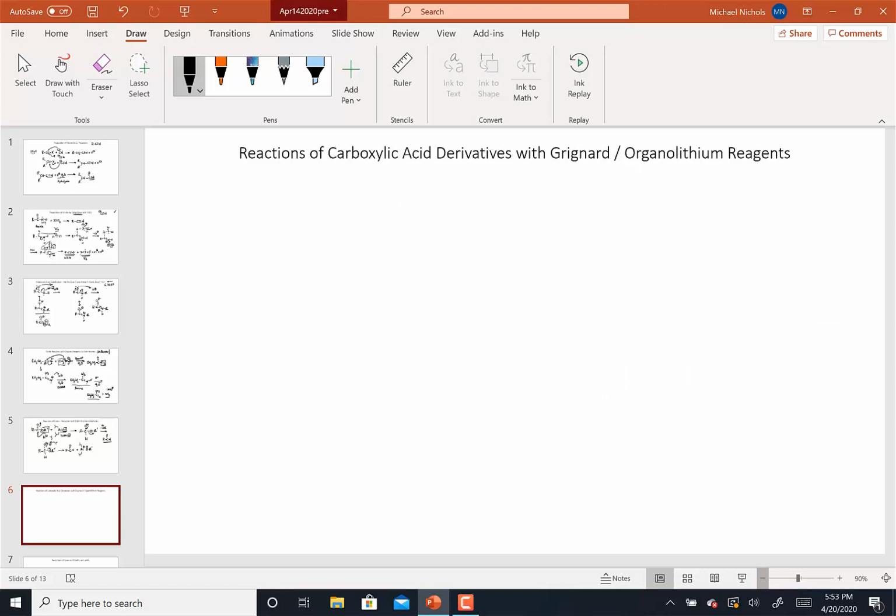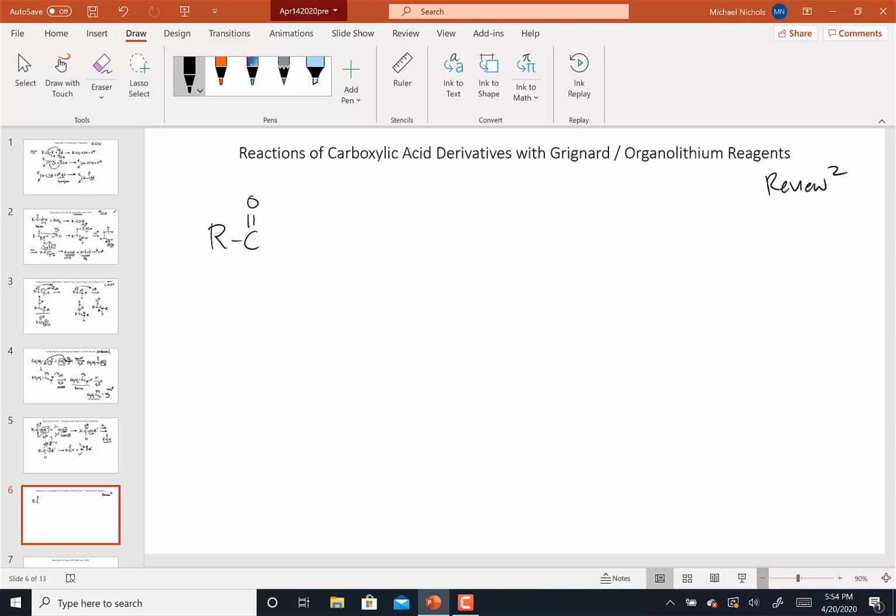Okay, next, reactions of carboxylic acid derivatives with Grignard and organolithium reagents. Well, you know, it is true, because we first started talking about this back when we were first talking about Grignards at the beginning of the semester.